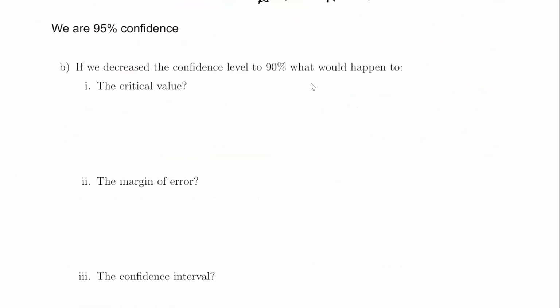So we'll say we are 95% confident that the population proportion of defective products. So that's the second thing: describe the population proportion in the context of the problem.